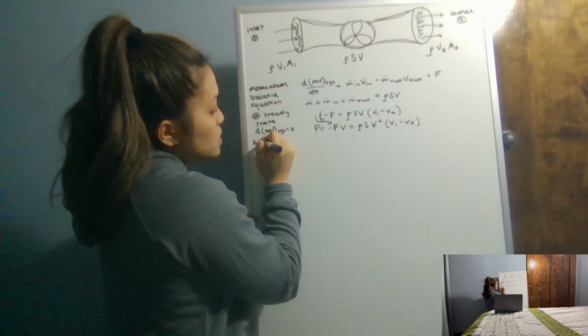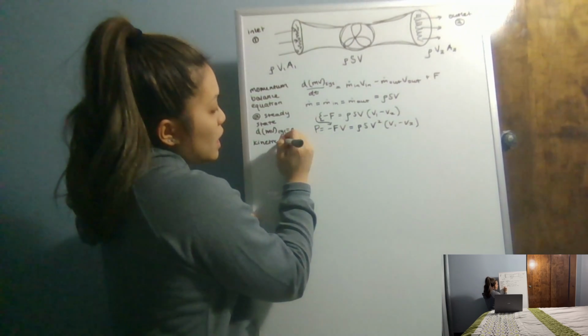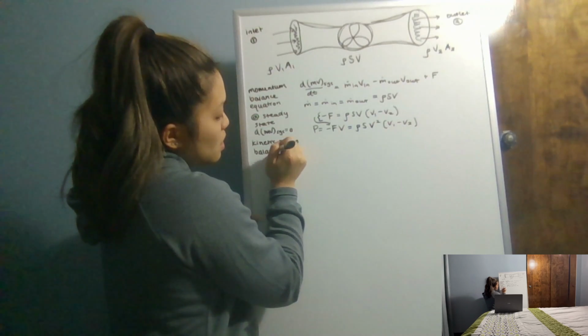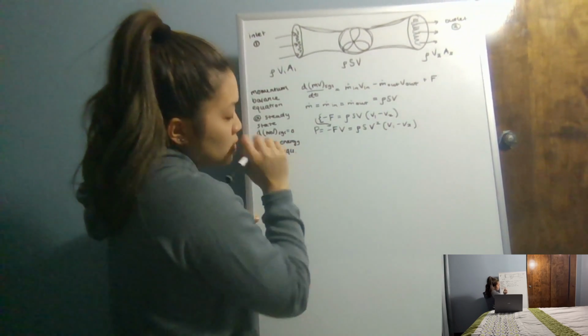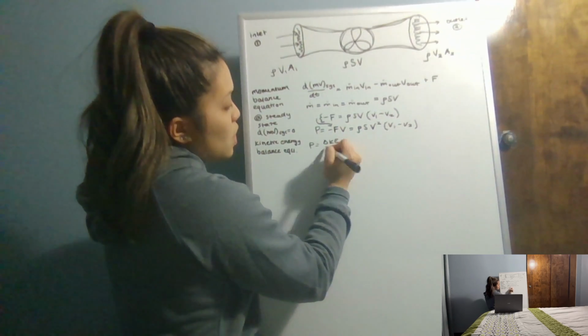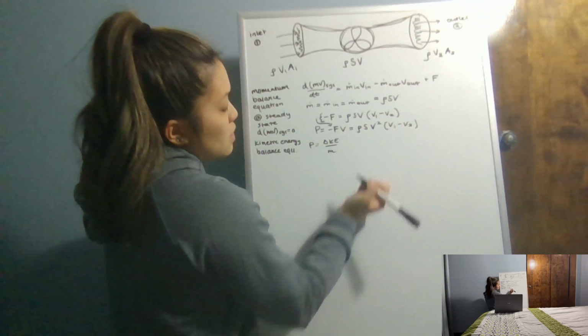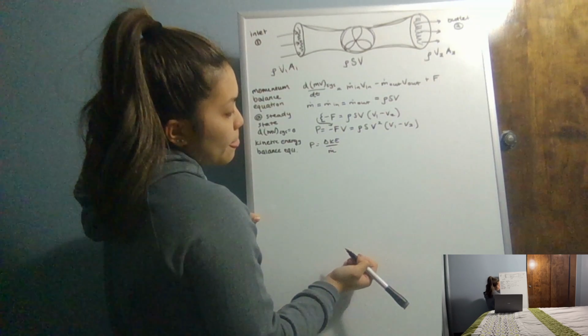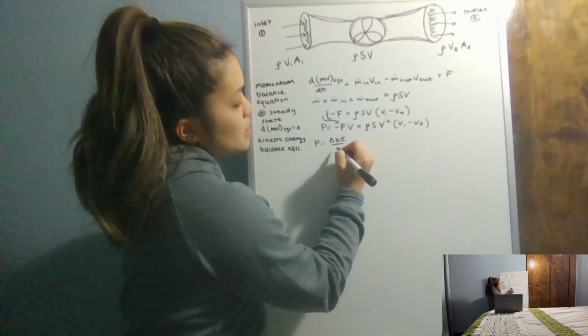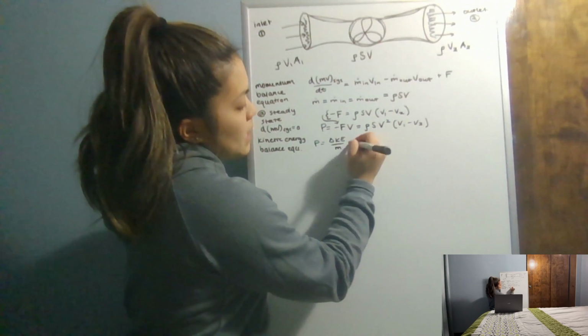And so we can also use the kinetic energy balance equation. What this says is that power is equal to the change in kinetic energy over the mass, times the mass flow.